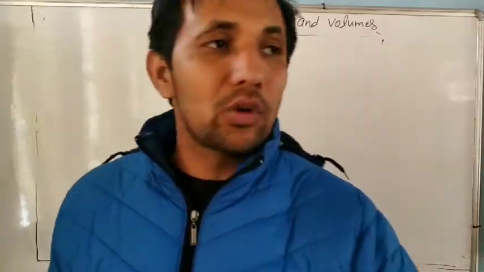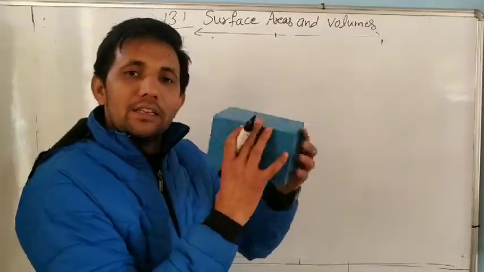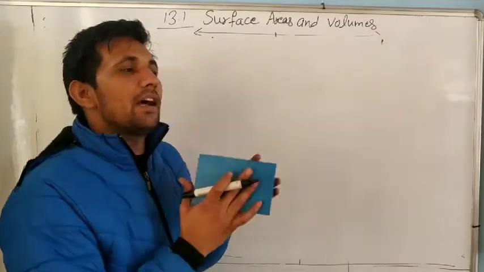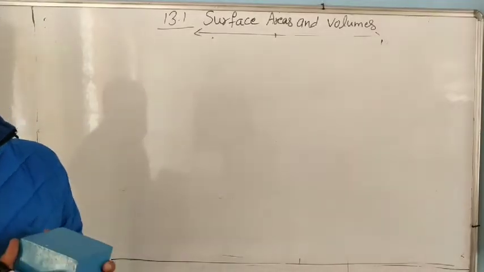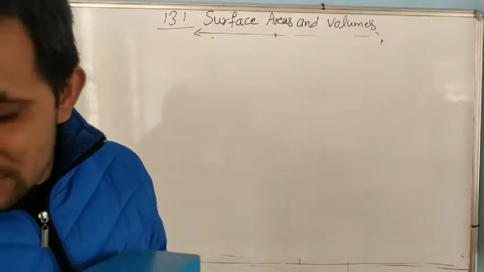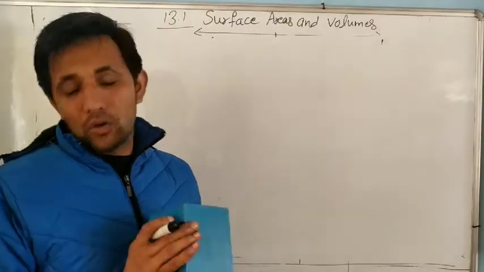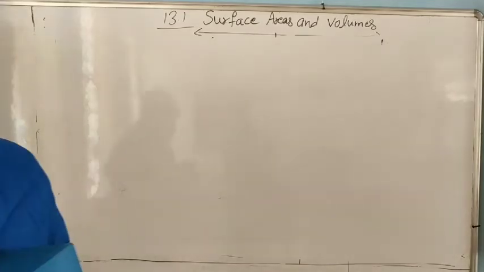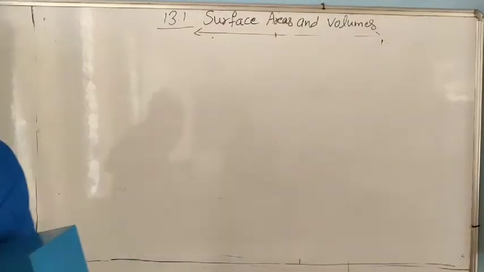In this container, some paint is given, which is sufficient to paint 9.375 meter square. How many bricks of dimensions, meaning length, breadth and height of the given brick, 22.5 centimeter, 10 centimeter, 7.5 centimeter can be painted out of this container.